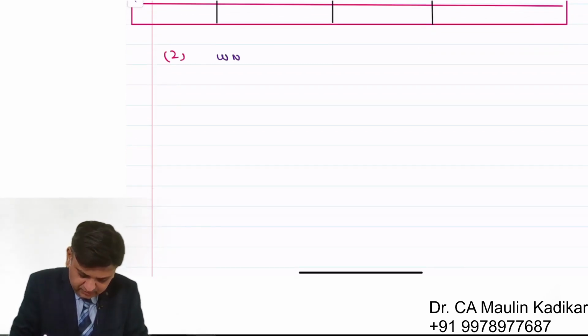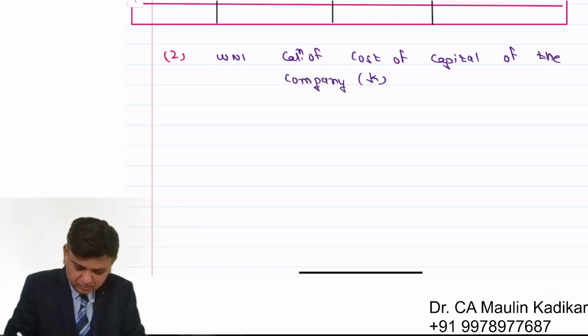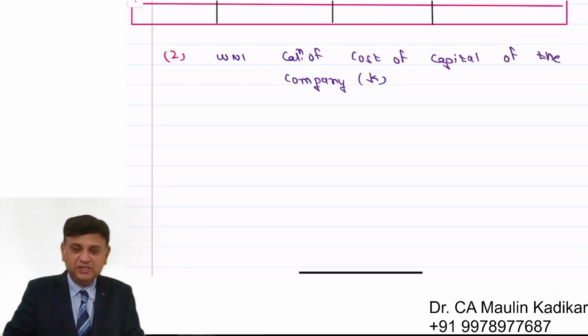Working note number 1, calculation of cost of capital of the company. That is the first thing that we are required to do.